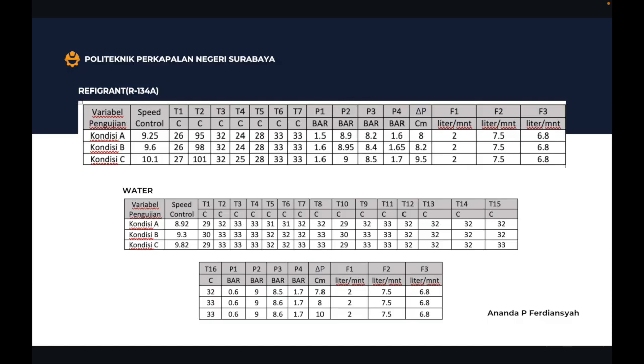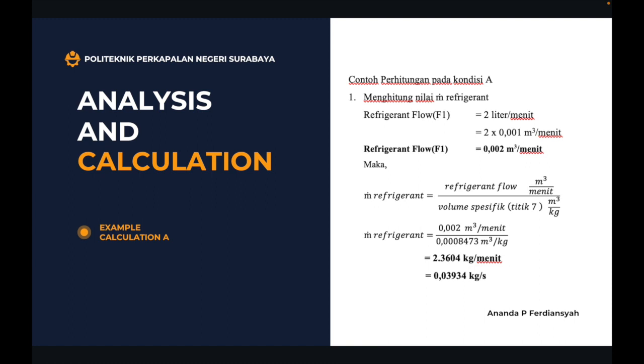This is my data table, and we move to analysis and calculation because there are three conditions. I use condition A as an example. Let's see. First, we calculate the m-dot refrigerant value. The result of m-dot refrigerant is obtained from the refrigerant volume flow and specific volume.